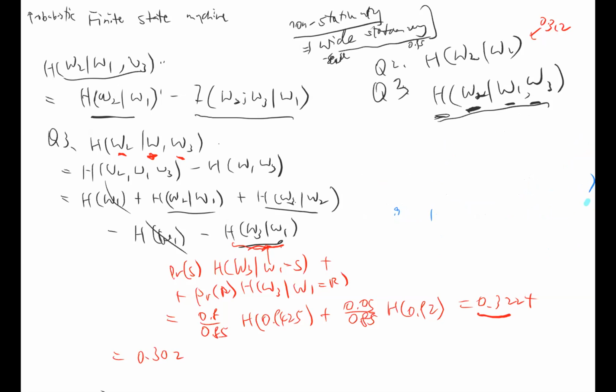Because it's symmetric, I guess all of you already figured that out. If I have W1 given W2, for this setup it will be the same because everything is stationary. This is just H of W1, W2 minus H of W2, and H of W2 is just equal to H of W1. So it will be equal to H of W2 given W1 as well.